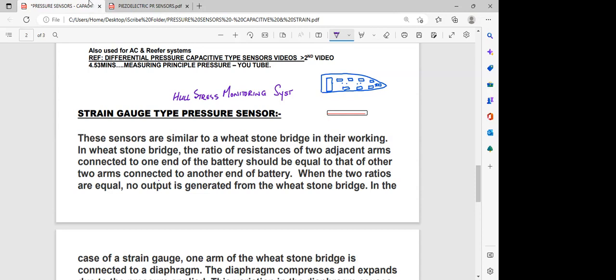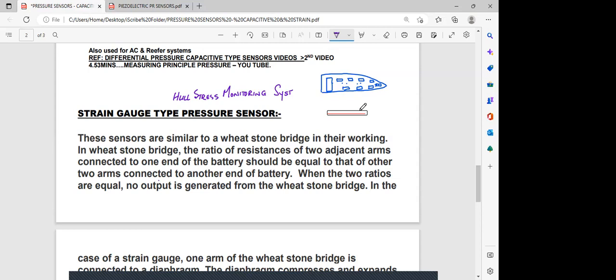Okay. So coming to this, they had installed what was called the hull stress monitoring system. The hull stress monitoring system is using this type of pressure gauge, the strain gauge. Now, what is this? Just to give you a background before we go into the working, on the forward deck of the ship, forward of the accommodation, both on your starboard and your port side, you had boxes like this.